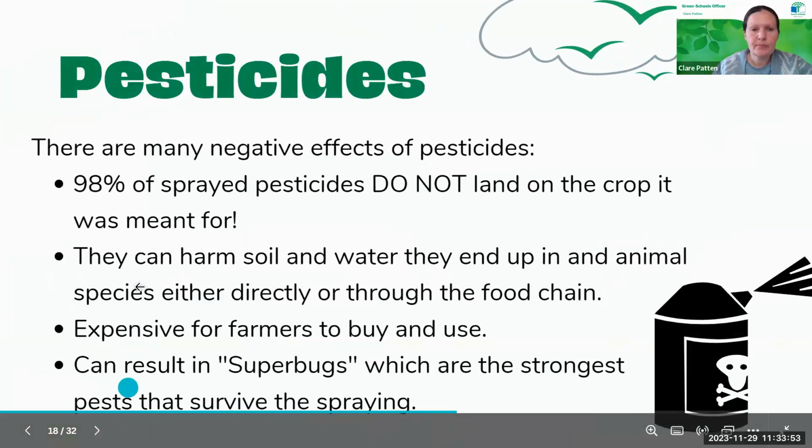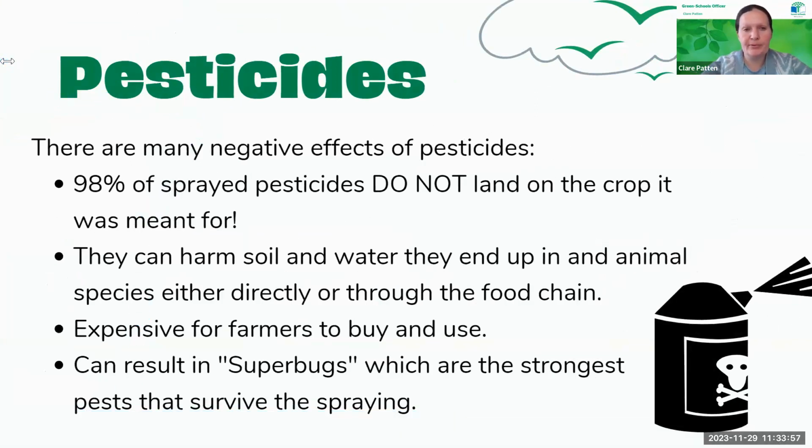So even though it's really helpful for farmers to remove insects that are eating their crops and weeds by using pesticides, there are some negative effects of them. Most of the pesticides don't just land on the crop or target the thing that they're trying to stop.